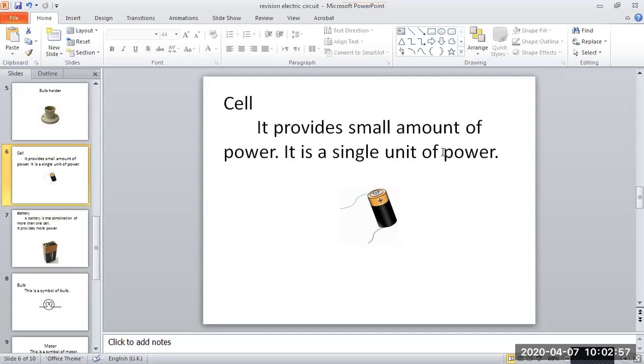For example, here if we touch this part or this part with our hand, we will not get a shock. But with main electricity, if we touch any side of the terminal, then we will get a shock. Okay, that may be dangerous for us. So a cell is a safe use of electricity in our toys or some other things.